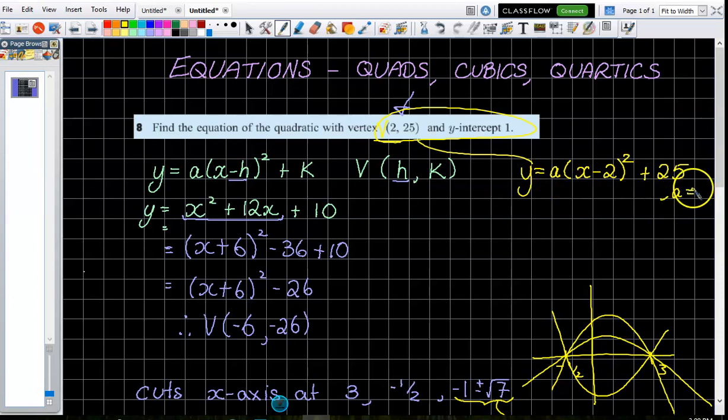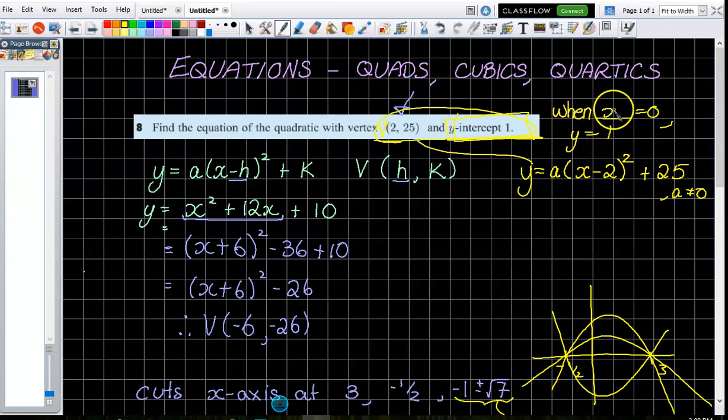A doesn't equal 0. Before you go on to the next question, you look and you go, ooh, hang on, I've got some more information. Y-intercept is 1. Technically that is saying when, let's play blankety blanks, when blank equals 0, y will equal 1.